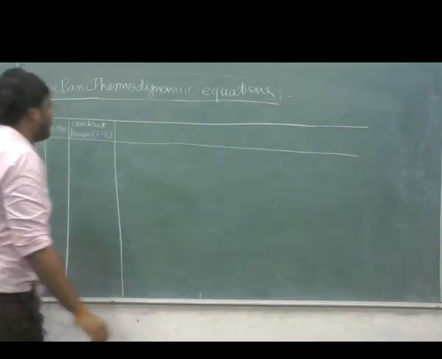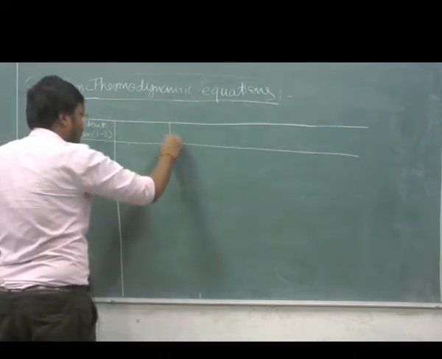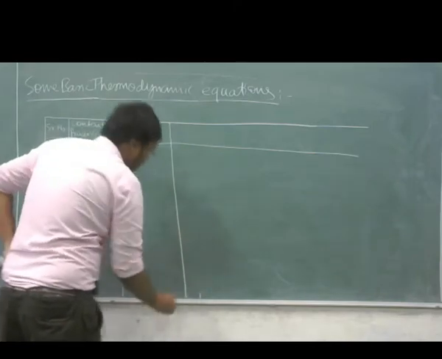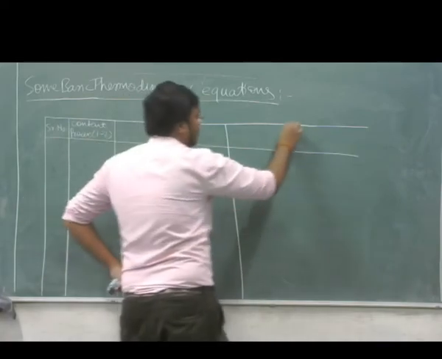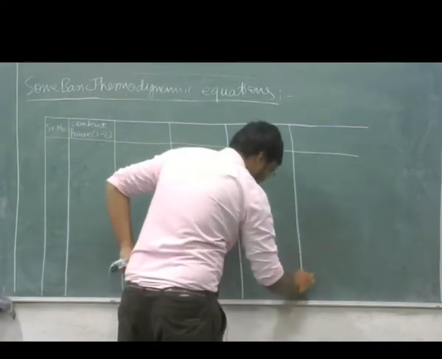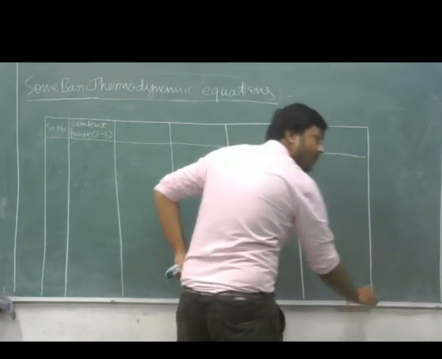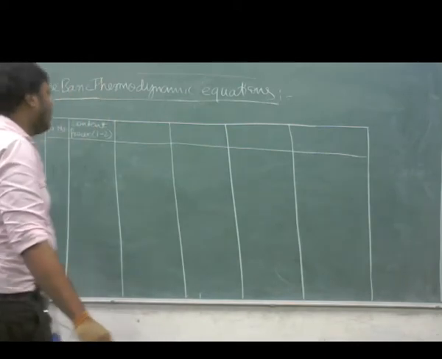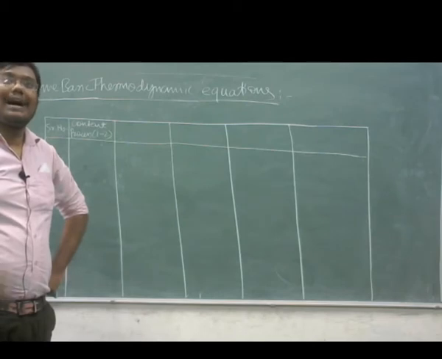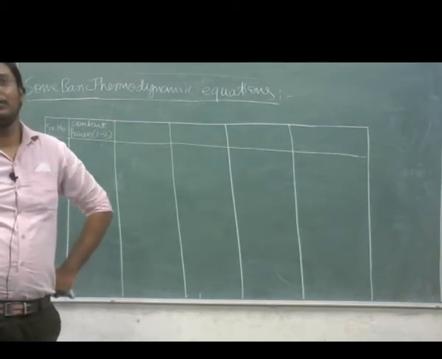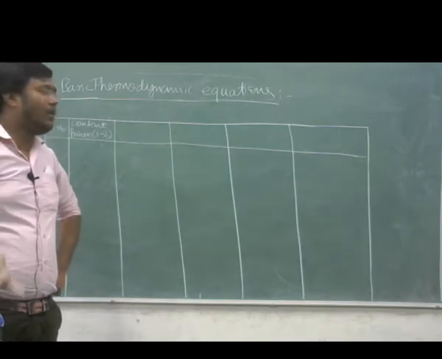I am going to write here some basic processes of thermodynamics. You have studied all these processes in thermodynamics: constant pressure process or isobaric process, isochoric process, isothermal process, adiabatic process, and polytropic process.